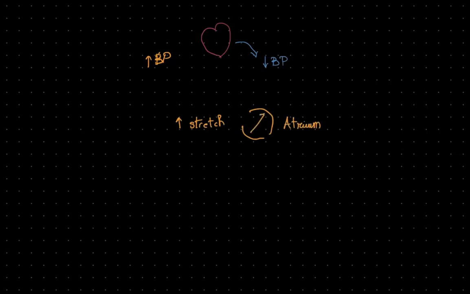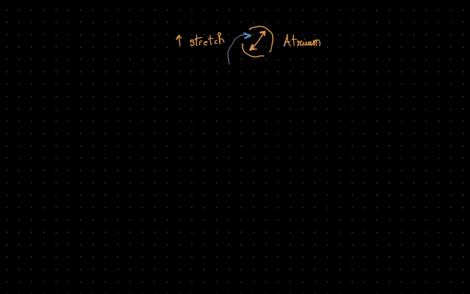And once the atrium detects that there is an increase in the degree of stretch because of the increased volume of blood coming back into the heart, it starts to release a hormone called the atrial natriuretic peptide.